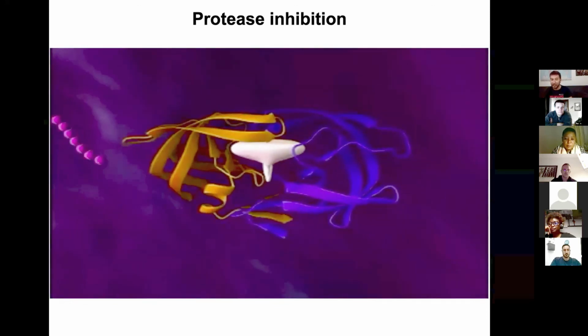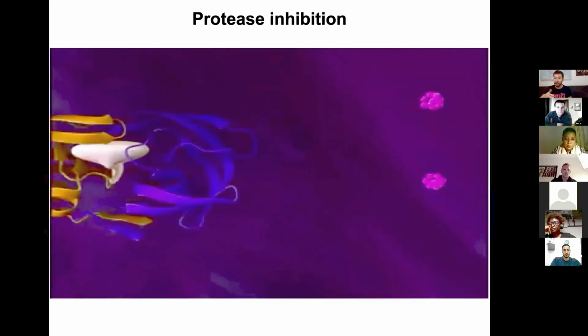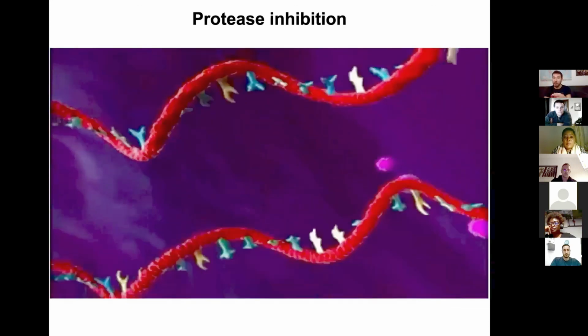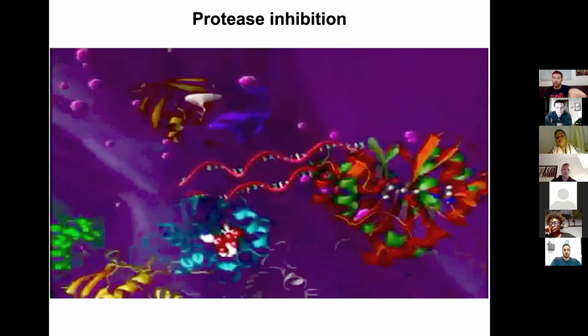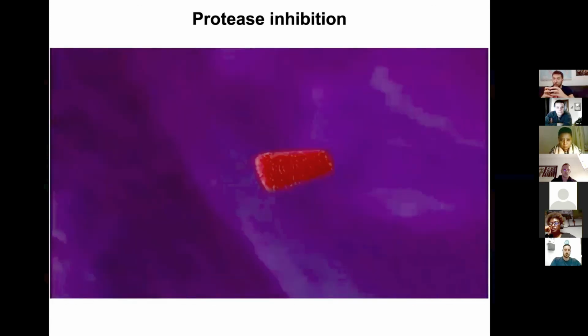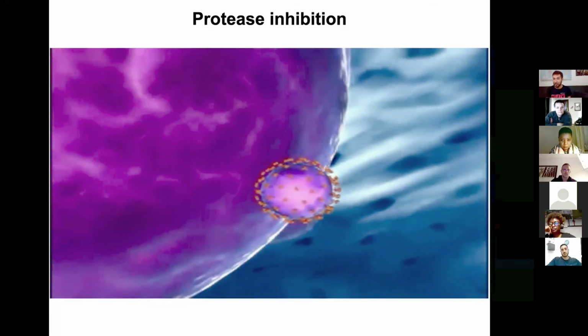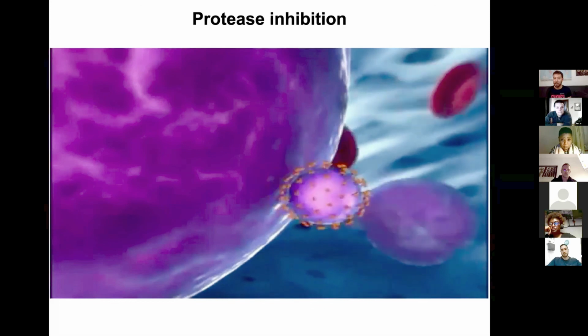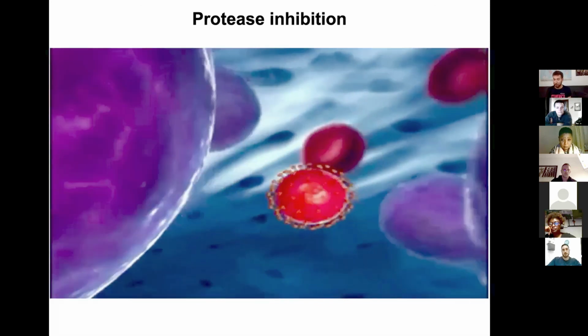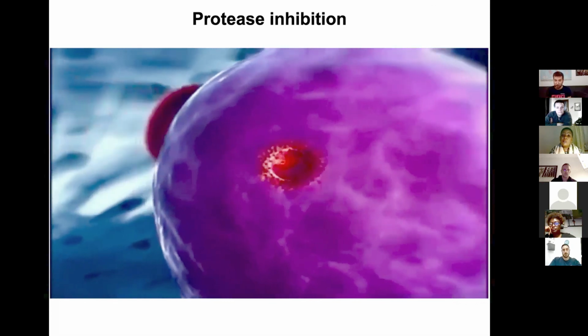And exactly this protease, as I explained, cuts them into smaller ones. And why do you need the smaller ones? Because the smaller ones, together with RNA and other proteins and integrase, will be packed in one virion, and this virion leaves the cell, and a new HIV virion is born. So this is the normal process of reproduction of HIV.